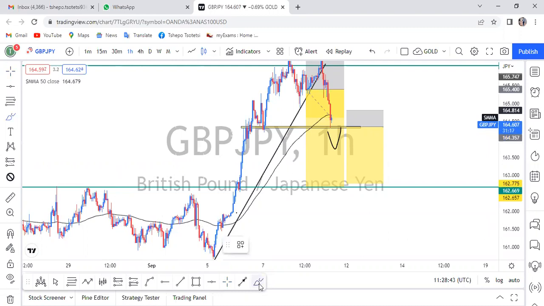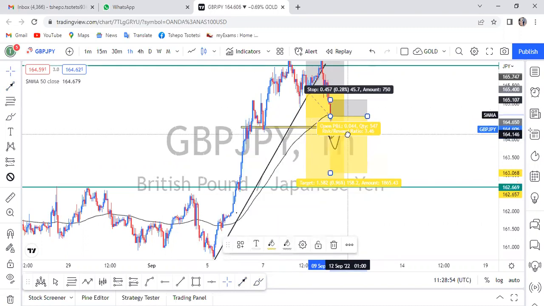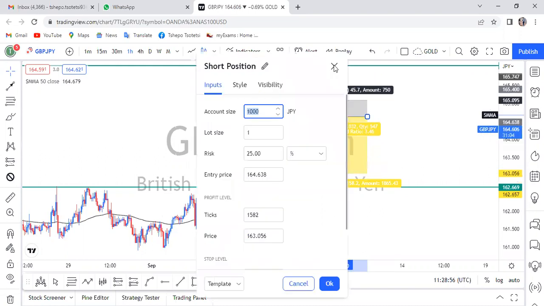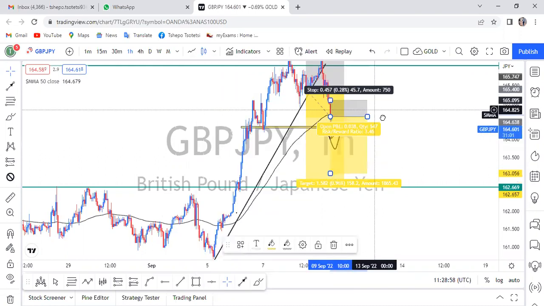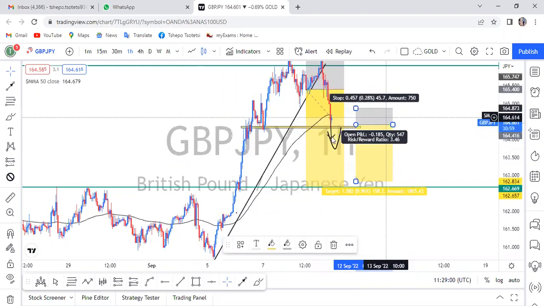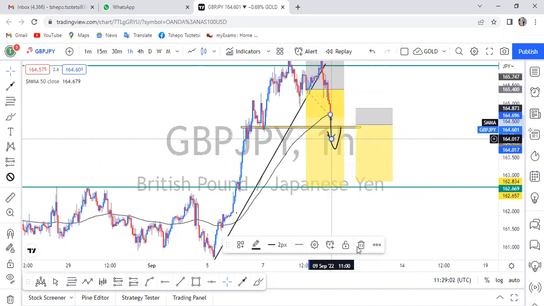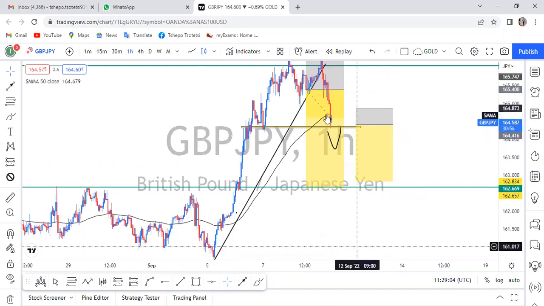I said when price is above our moving average, we're buying. But when price goes and closes below our moving average, what are we going to do? We're going to sell. So at 2 o'clock, if this 2 o'clock candle closes below our moving average, this will be another entry.